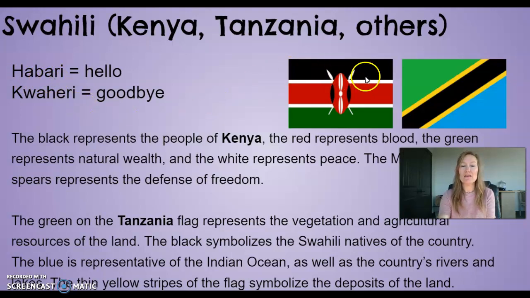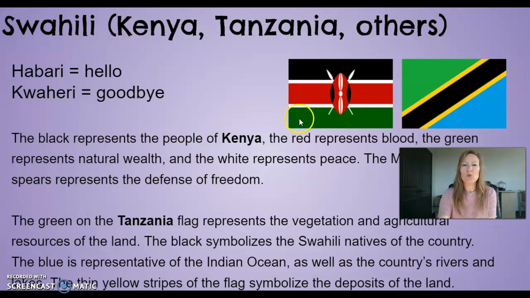And so here is the flag of Kenya. Again, more of those horizontal stripes that we keep seeing. The black stripe represents the people of Kenya. The red represents blood. There's been a lot of fighting, infighting really, in more recent times in Africa over the last century, for countries wanting to break out and have independence and be their own country.